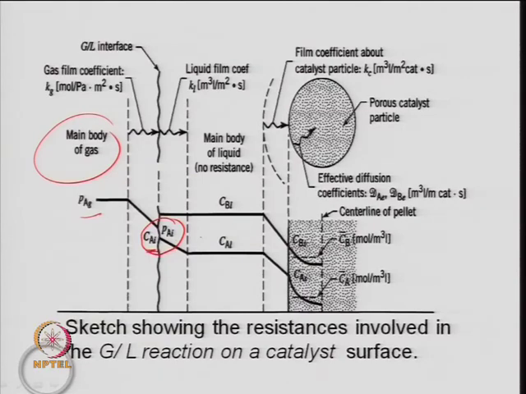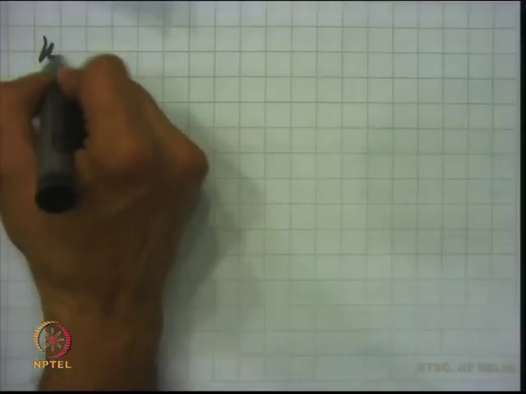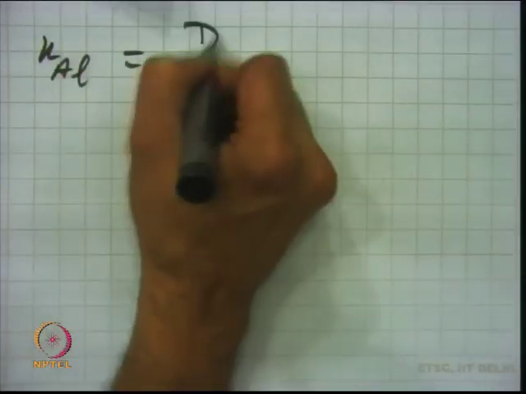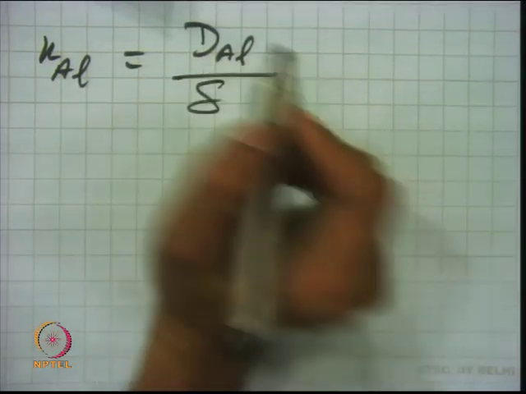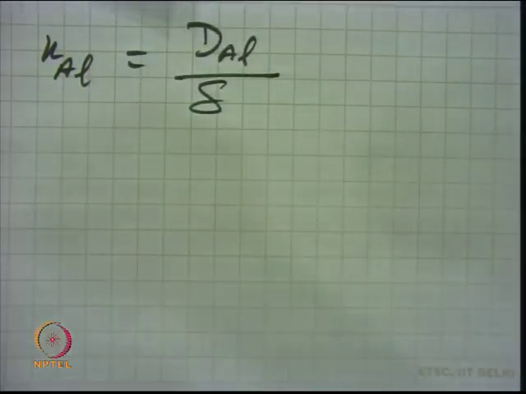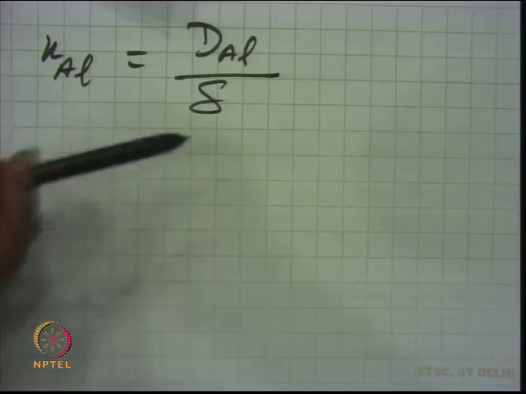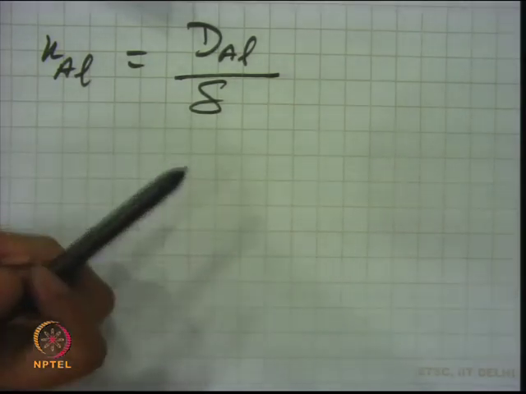Bulk liquid means the liquid, then the gas-liquid interface, and there is a liquid film, and the gas has to cross this liquid film depending upon its thickness. The thickness of the liquid film is related to the mass transfer coefficient, DAB divided by delta, where delta is the thickness of the liquid film, because you write your KAL as DAL divided by delta, similar to the surface theory or penetration theory of mass transfer.